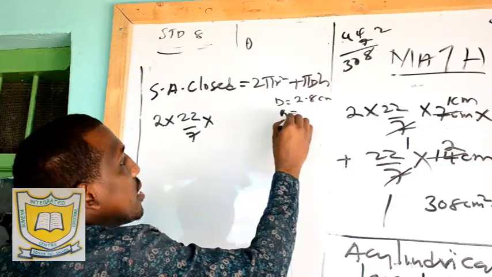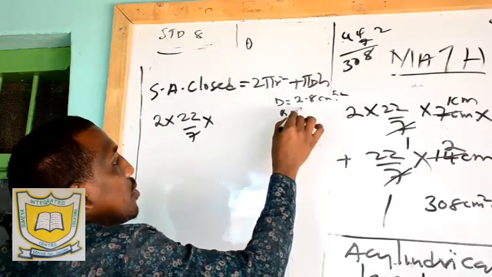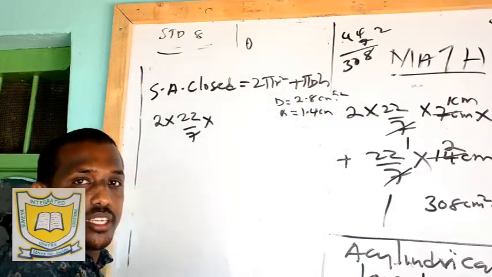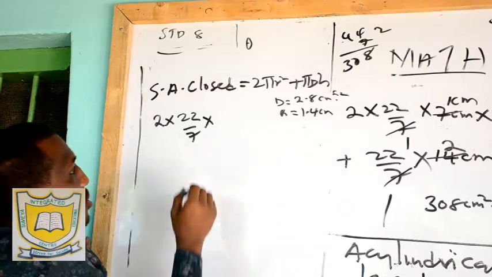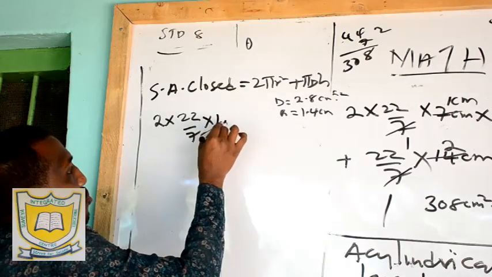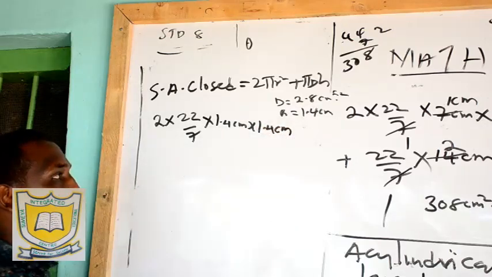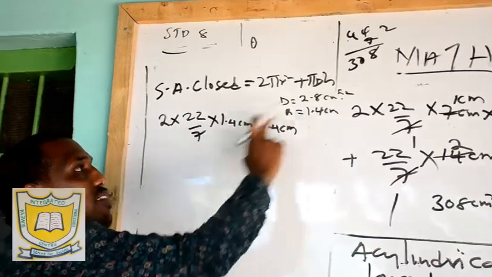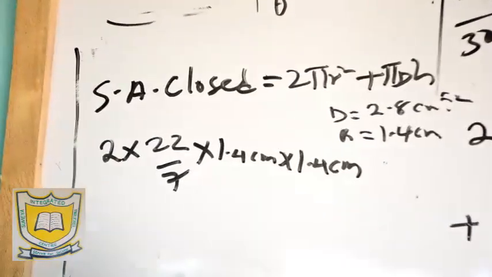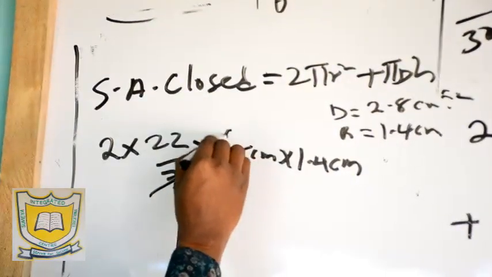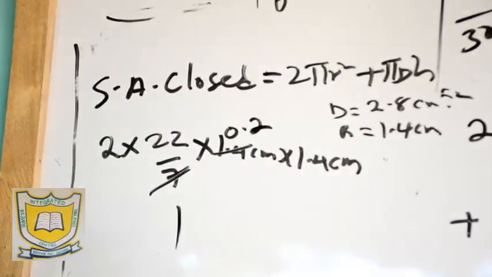The radius will be the diameter divided by 2, so the radius will be 1.4 centimeter. So times 1.4 centimeter times 1.4 centimeter. 1.4 is from where? We have divided the diameter by 2.